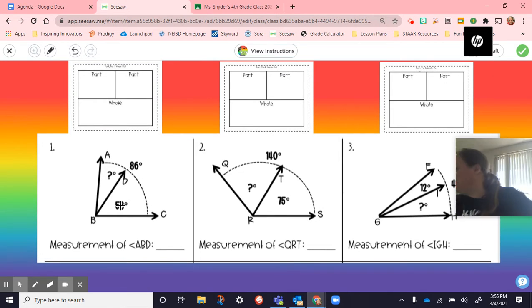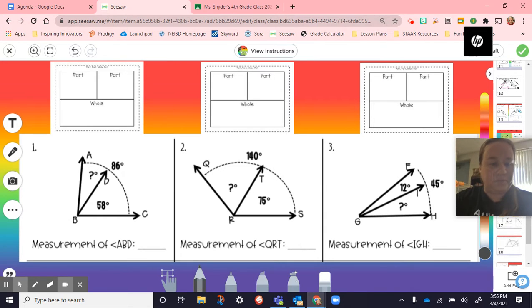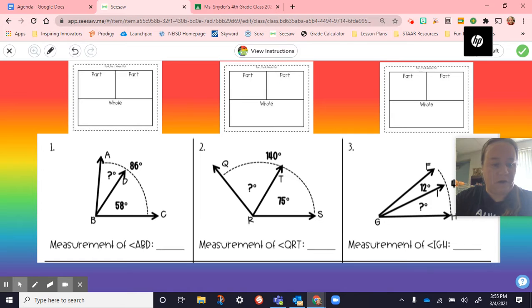So what we know so far is ABC, this whole angle right here, measures 86 degrees. So angle ABC equals 86 degrees. And I noticed that that's the whole thing. So I'm going to put 86 as my whole.